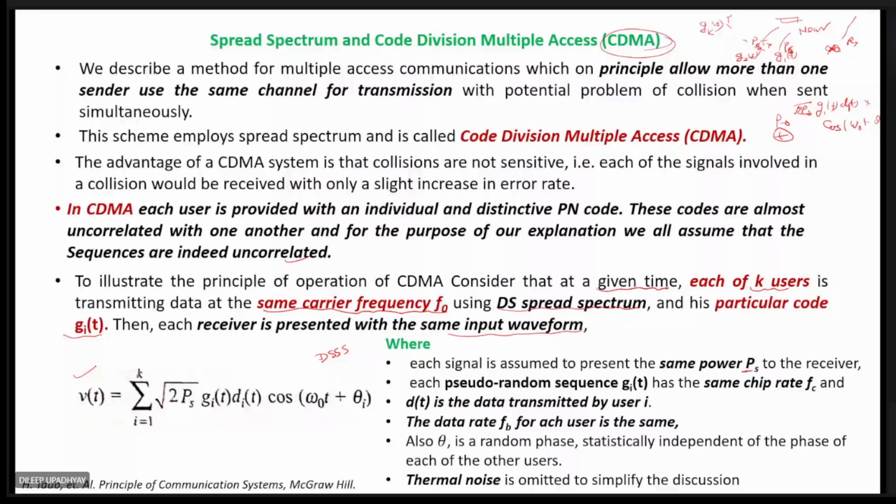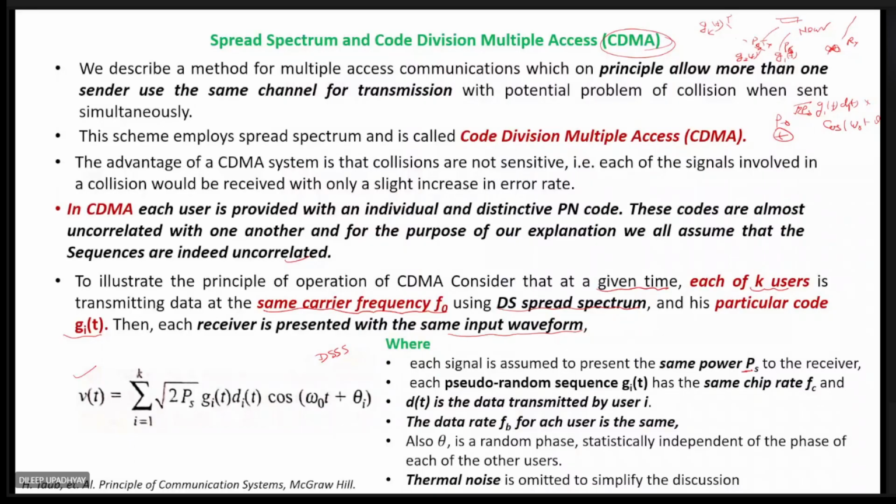But nowadays, this can be minimized with the help of an adaptive power control system, which transmits unequal power depending upon the distance of the receivers. So each signal is assumed to present the same power Ps to the receiver. This is our assumption.